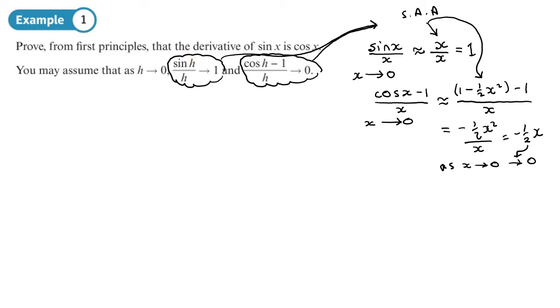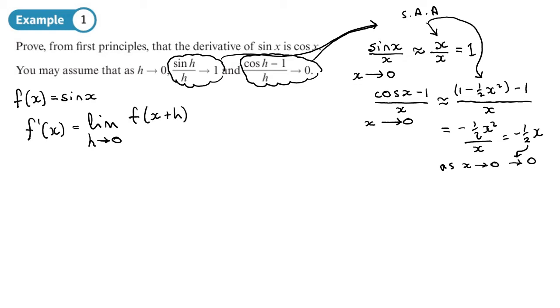Right, so let's do the proof to show that sine x, when it's differentiated, becomes cos x. So the first thing is we want to use the function notation. So f of x we're going to let equal sine x, and we want to prove the derivative, and the derivative is the limit as h tends to 0 of f of x plus h minus f of x over h.